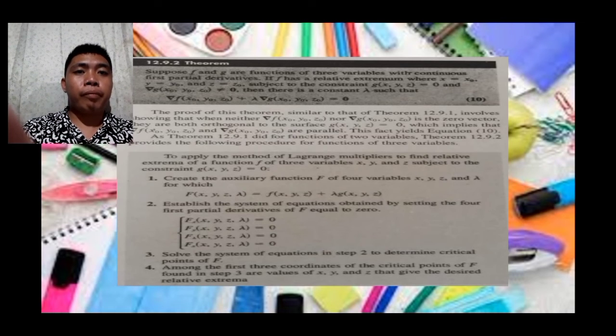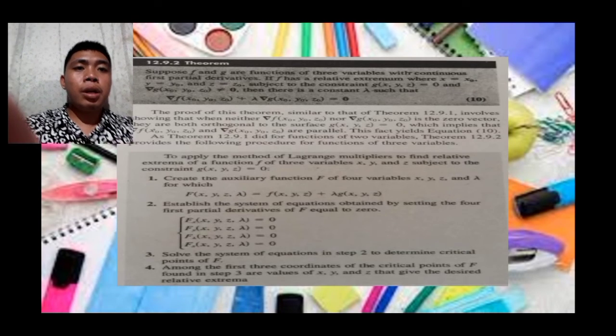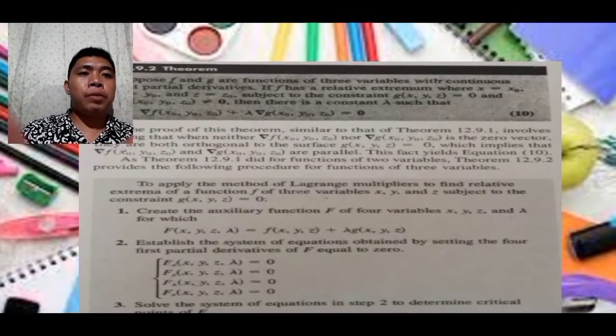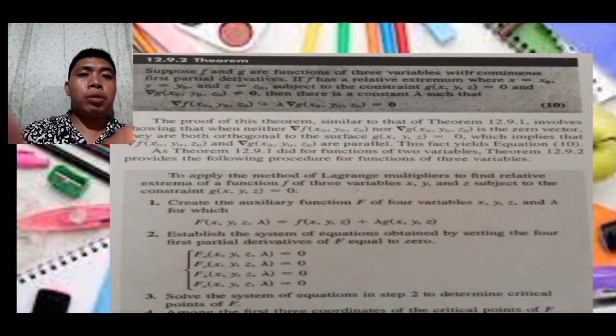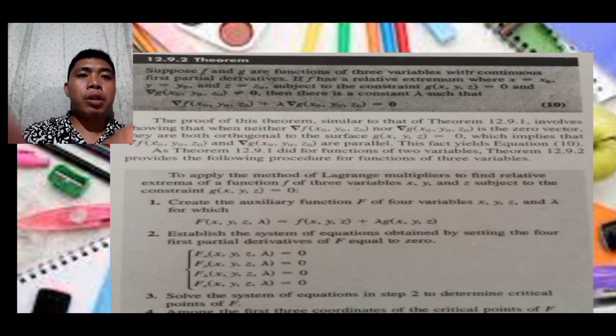12.9.2 Theory. Suppose f and g are functions of three variables with continuous first partial derivatives.